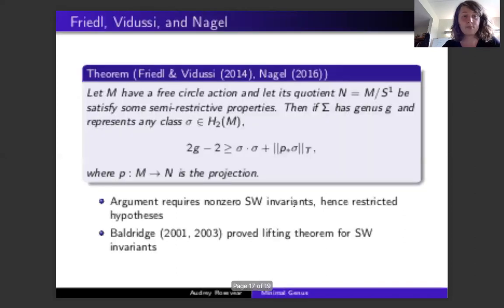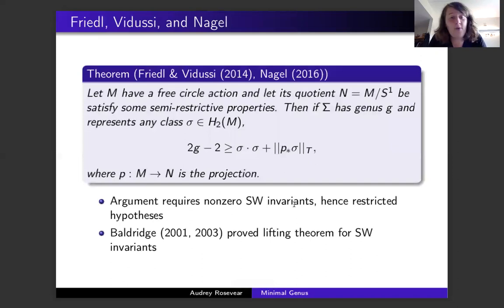And so this gives you a much more general class of manifolds that is a direct generalization of the product manifold. In a pair of papers, 2014 and 2016, Friedl, Vidussi, and Nagel considered this case and let its quotient N satisfy some semi-restrictive properties. A large class of N, but certainly not all the ones that one would want to consider. But they proved the same adjunction inequality using the projection.